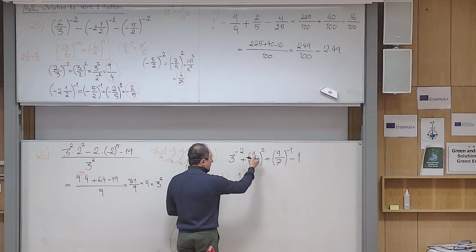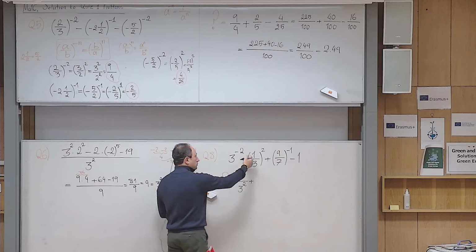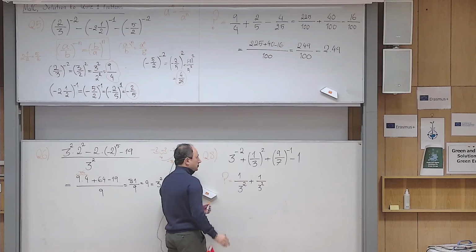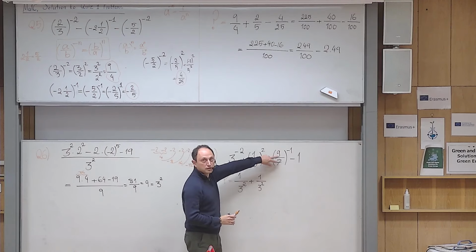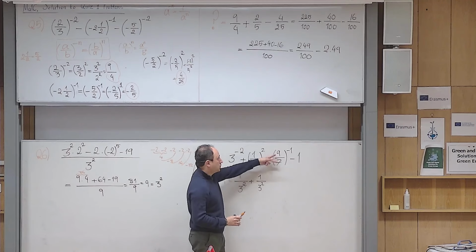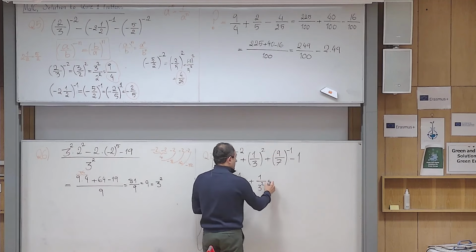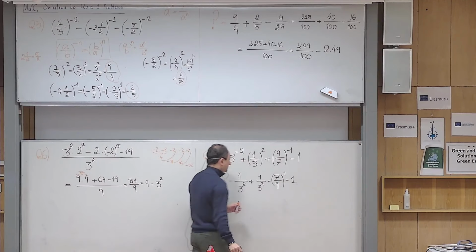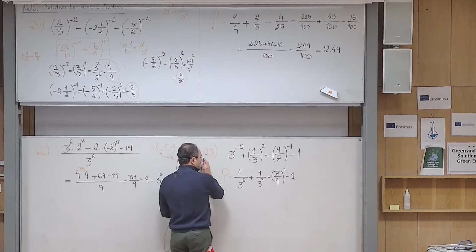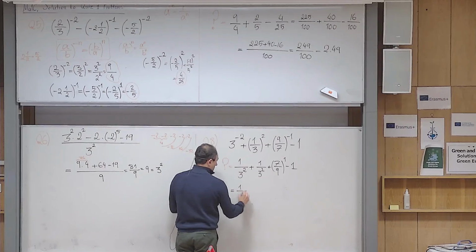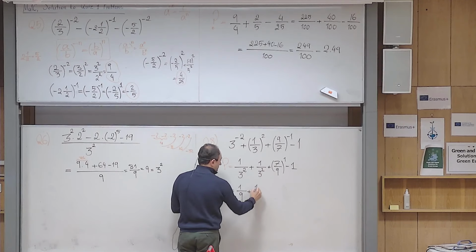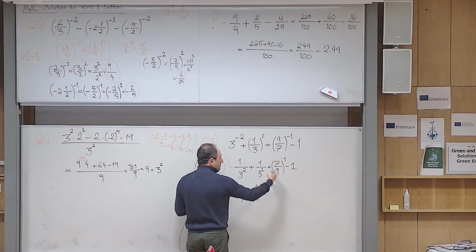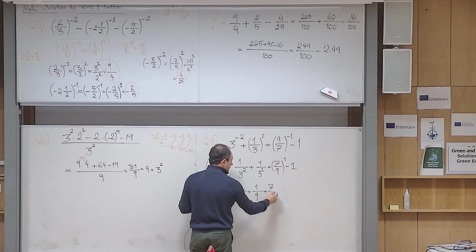But then 1 over 3 to the power 2, 1 to the power 2 is 1, this also becomes 3 to the power 2. And then the same rule, if I have a fraction with the negative power, I swap them and make it positive, so it becomes 7 over 9 to the positive 1, and finally minus 1. But this one is what? 1 over 9. This one is also 1 over 9. 7 over 9 to power 1 means 7 over 9 itself.